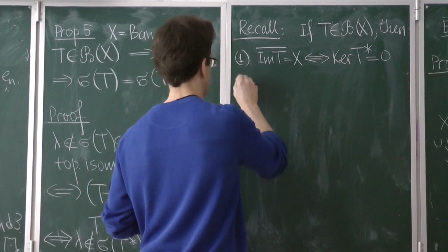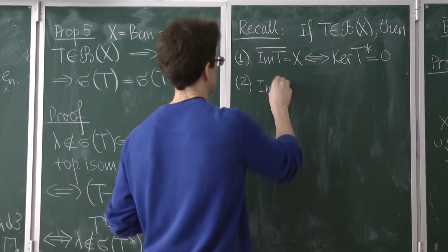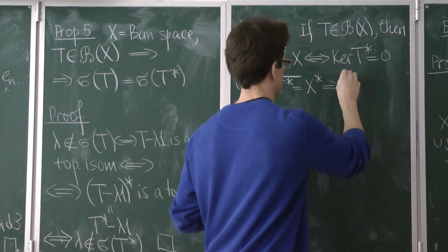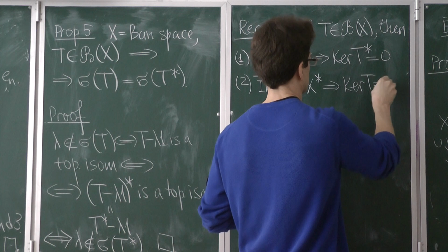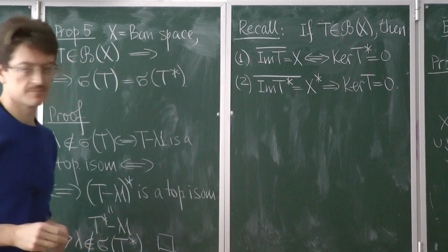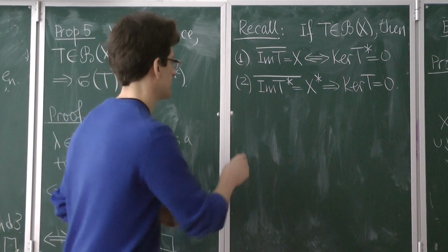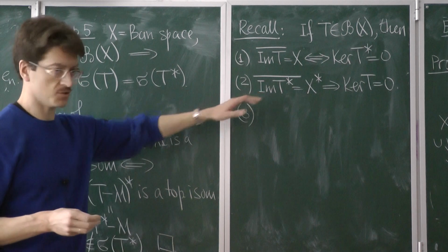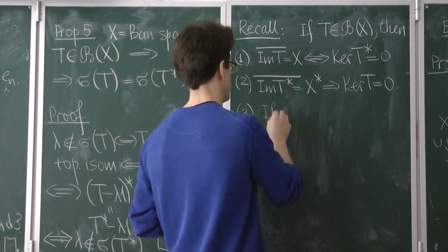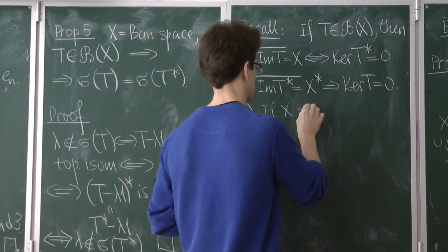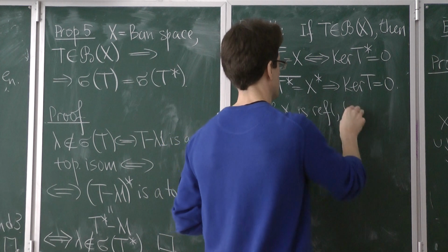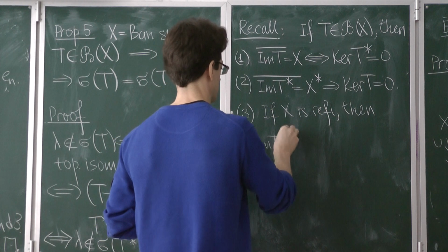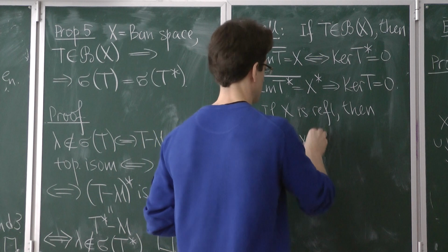Property 2: if the image of T star is dense, then the kernel of T is trivial. And property 3: if our space X is reflexive, then the converse is also true. If X is reflexive, then the image of T star is dense if and only if the kernel of T is trivial.